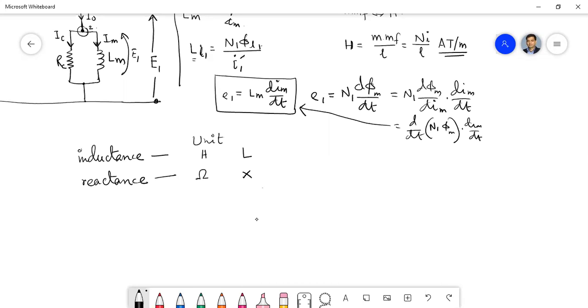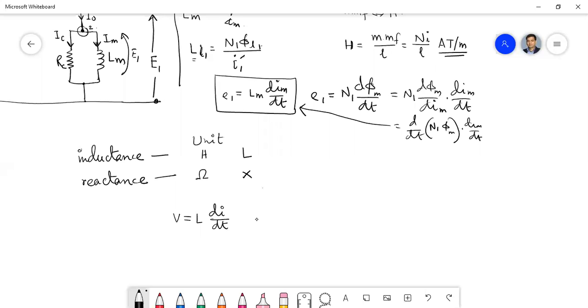If there is any change in the current flowing through that coil, then there is a voltage induced in opposition to this current, and that you know very well is the voltage induced equal to L di/dt.